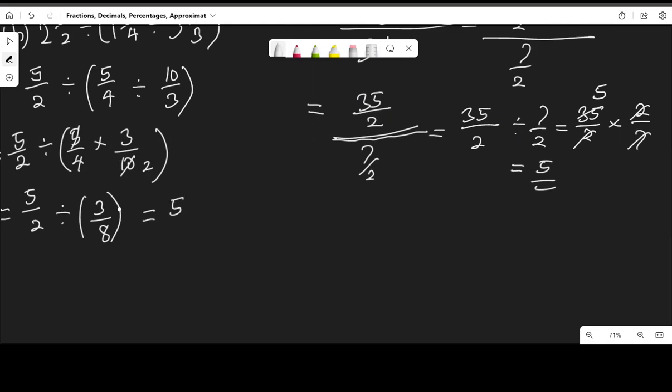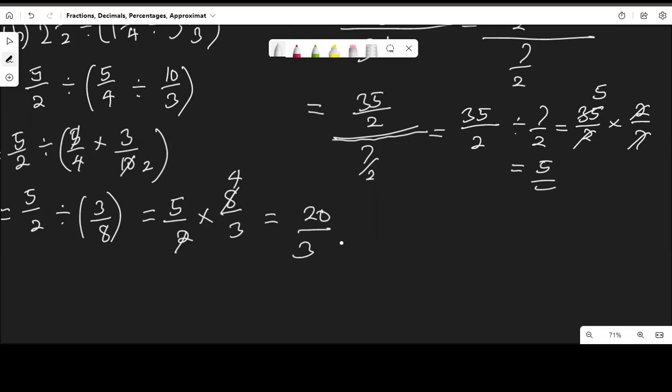So that is 5 over 2 multiplied by, when dividing one fraction by another fraction, this sign changes to multiplication. Then we multiply by the reciprocal of this. Reciprocal of 3 over 8 is 8 over 3. 2 here 1, 2 here 4. 5 times 4 is 20.